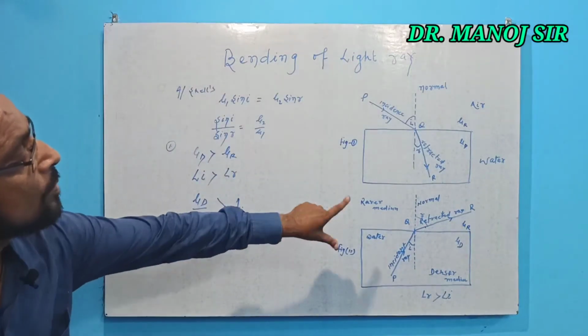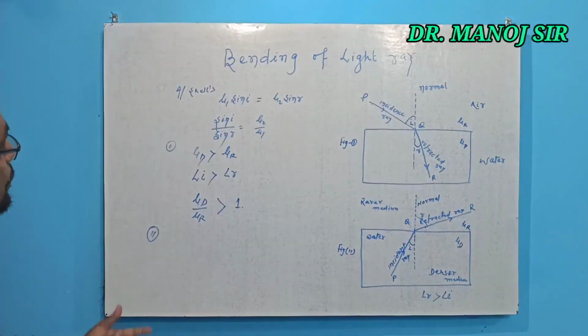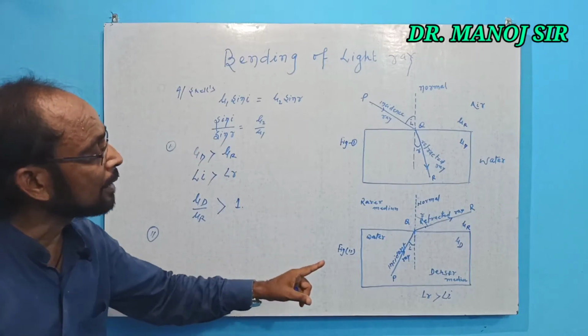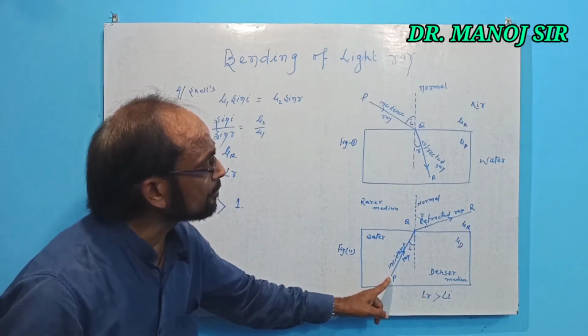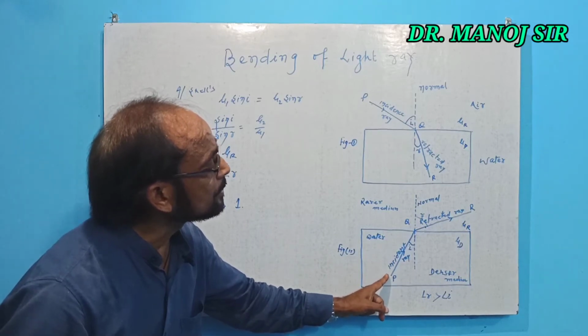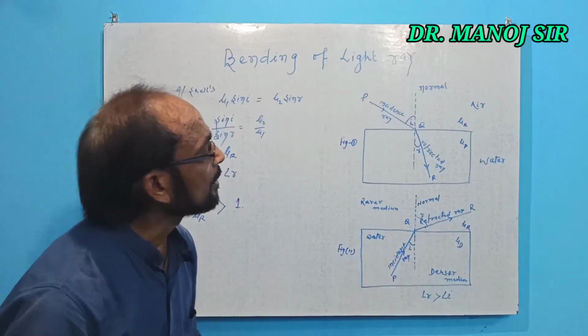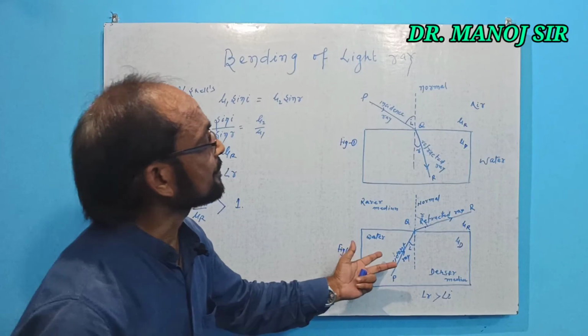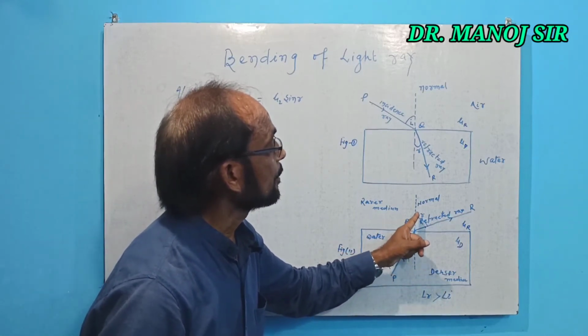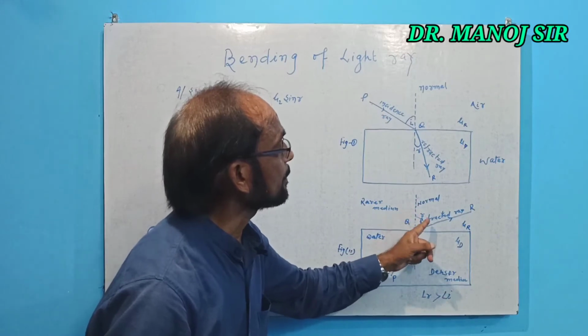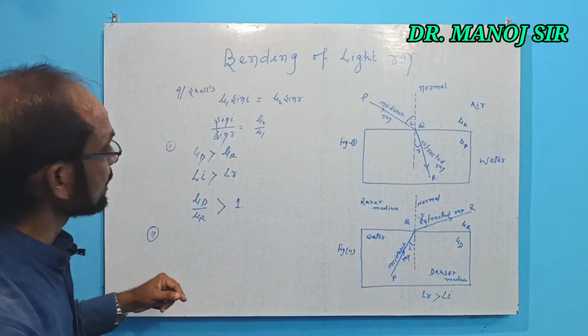In this phenomenon, when a beam of light ray is incident from denser medium to the rarer medium, it is refracted and goes away from the perpendicular.